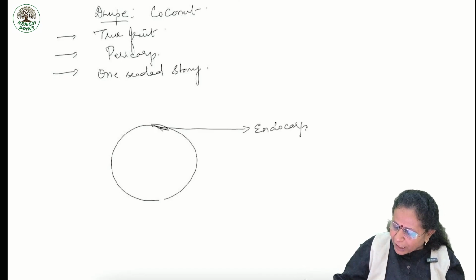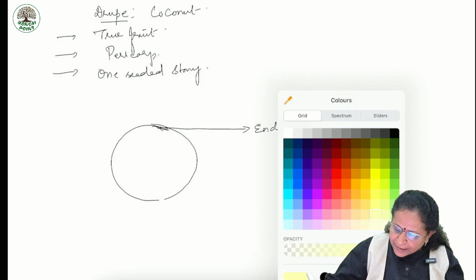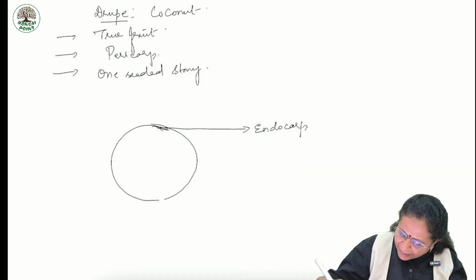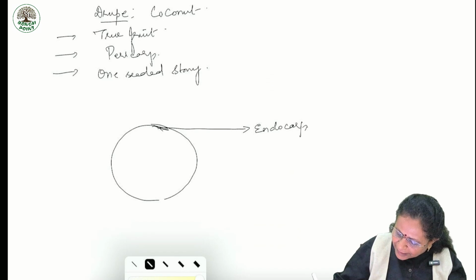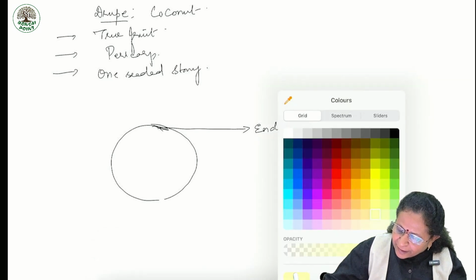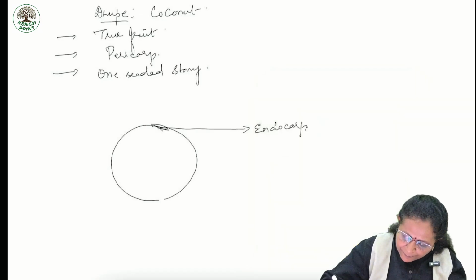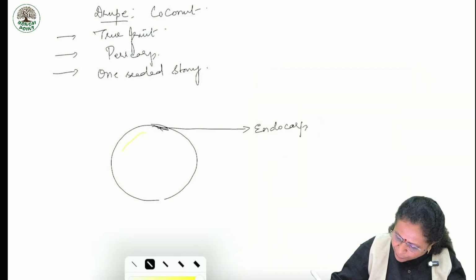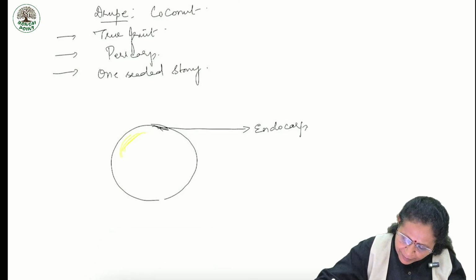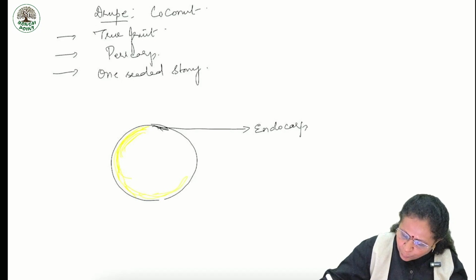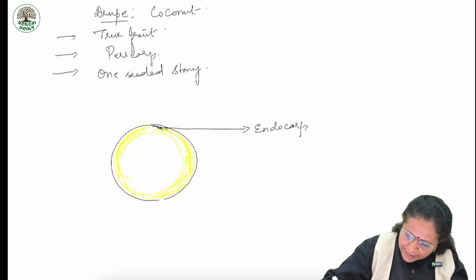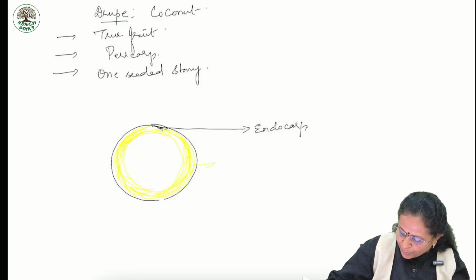This endocarp encloses, okay, a kernel, or we say it is a solid endosperm. You can hardly see, this is the solid endosperm. You can't see in white, thereby I am using this color. So, what is this color in the coconut? This is the solid endosperm.